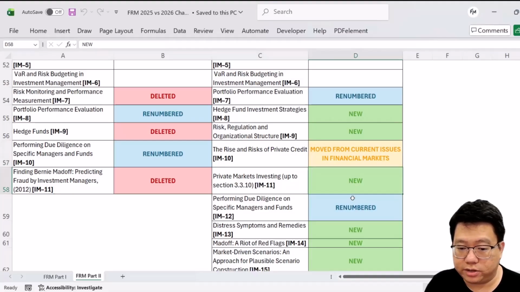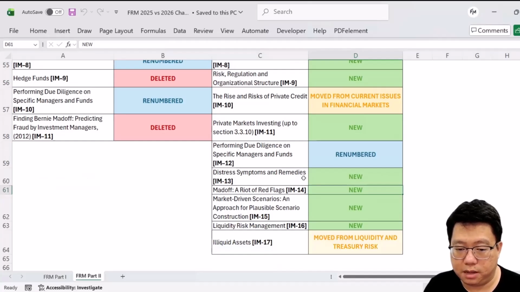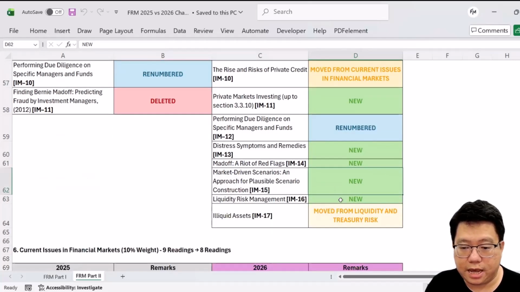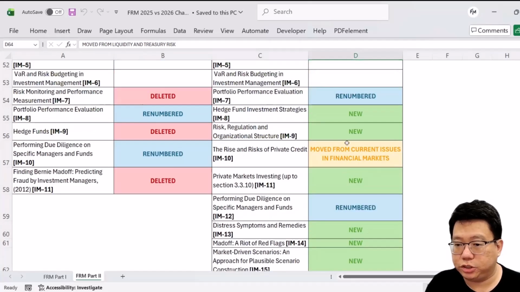Then you have distress symptoms and remedies. And then another reading on Bernie Madoff, a riot of red flags. Then there is market-driven scenarios and approach for plausible scenario construction and liquidity risk management. And then we have illiquid assets, which was moved from liquidity and treasury risk. So this has seen the biggest change in 2026.